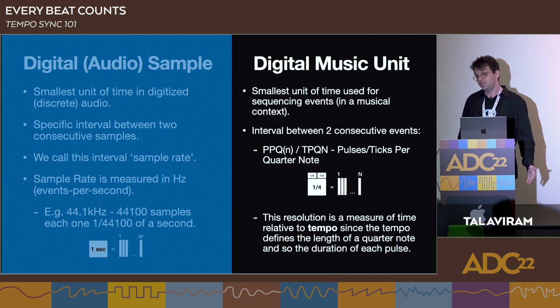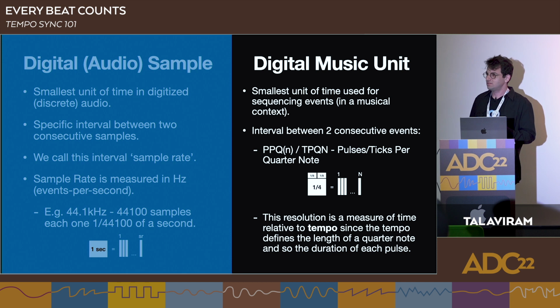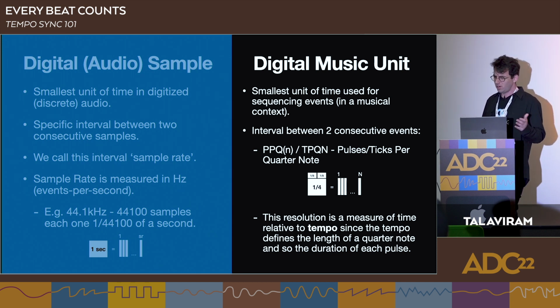And we have the digital music unit. That's something that was invented, I guess, mostly with MIDI. They decided on some arbitrary, or at least that's how I see it, timing called PPQ, TPQN or PPQN, which basically means pulses per quarter note.